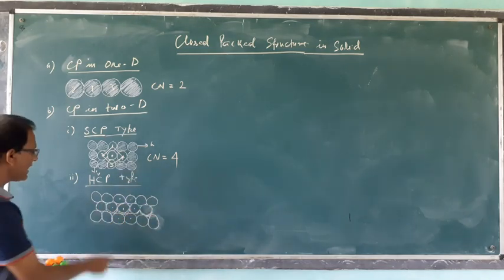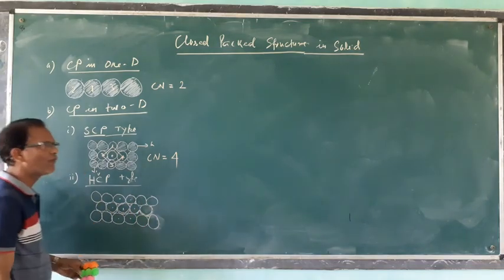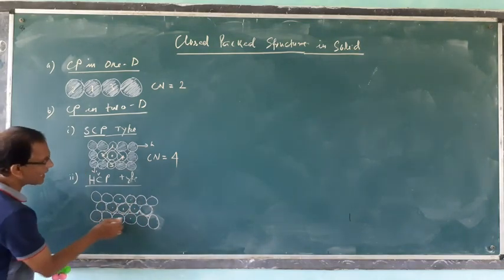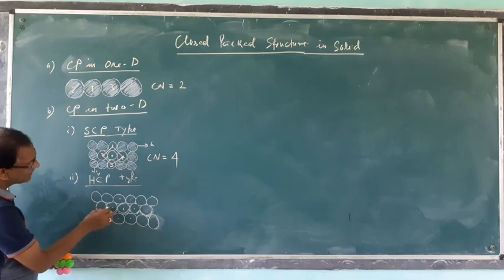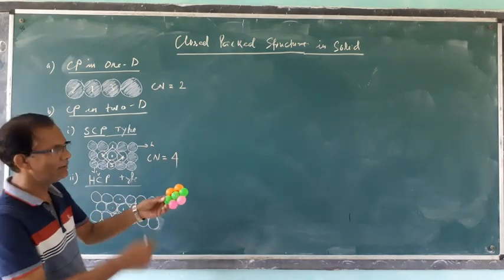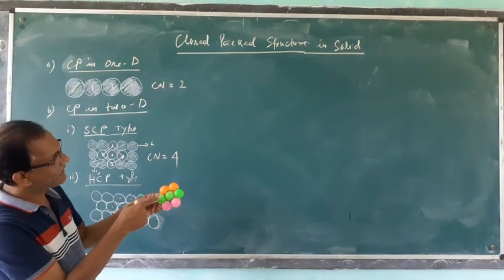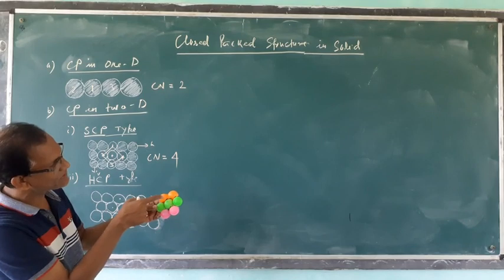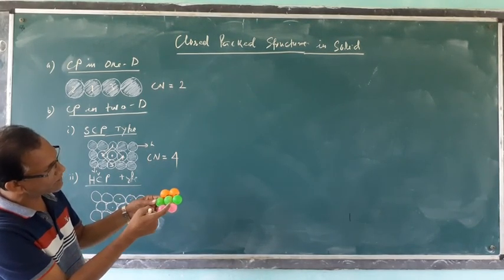Second line of the spheres you will place at the depression of the first line. Similarly, the third line you will produce at the depression of the two lines. So you see this arrangement.